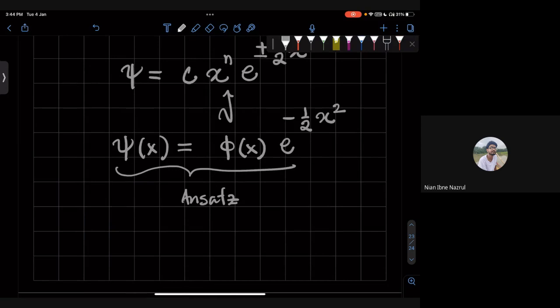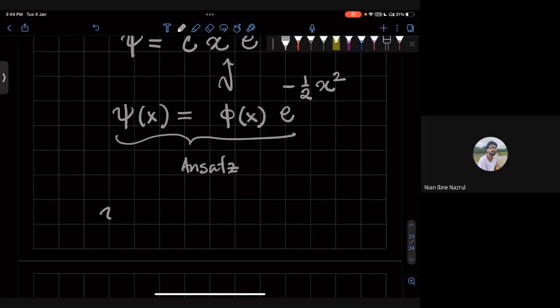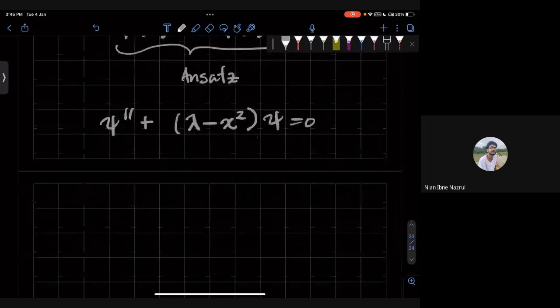So if I plug this ansatz into our full equation, which is psi double prime plus (lambda minus x squared) psi equals 0, then we get an equation for phi. And what is that equation?